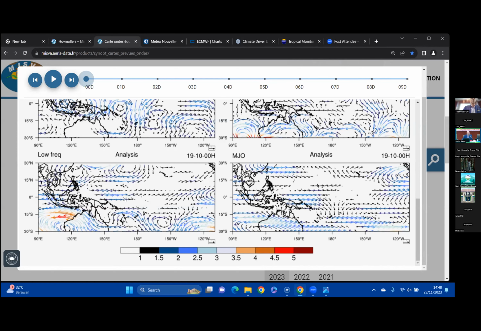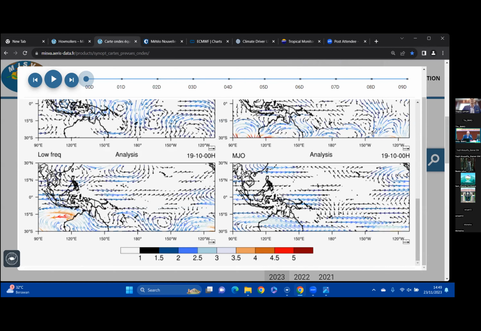You understand? There is vorticity above the Solomon Islands. So the low frequency is already favorable, it brings some favorable ingredient.